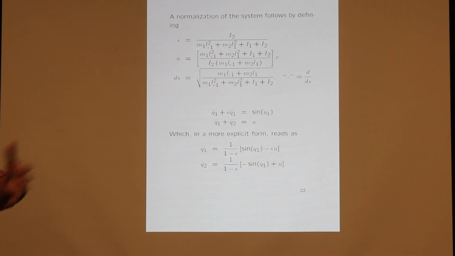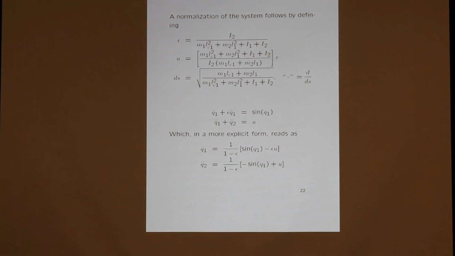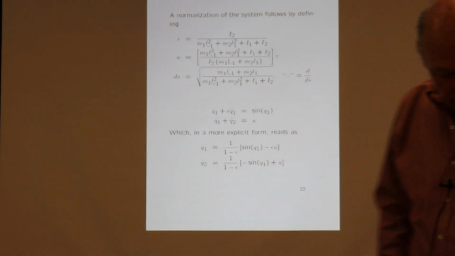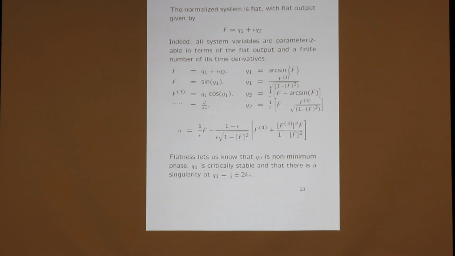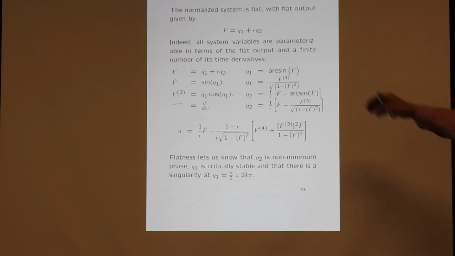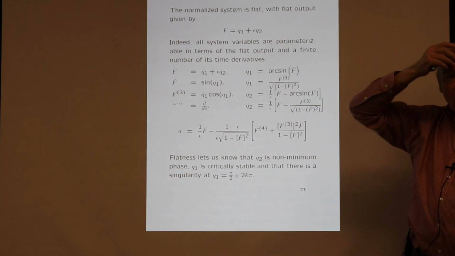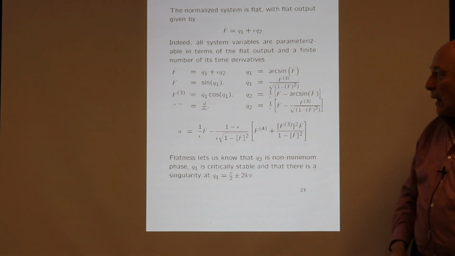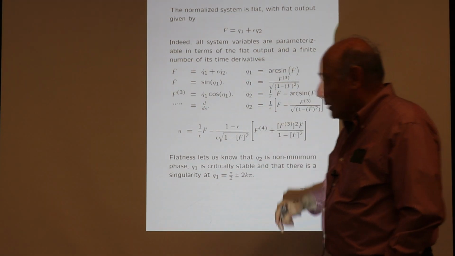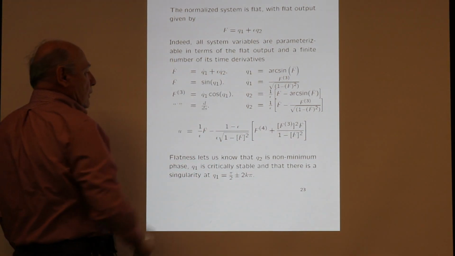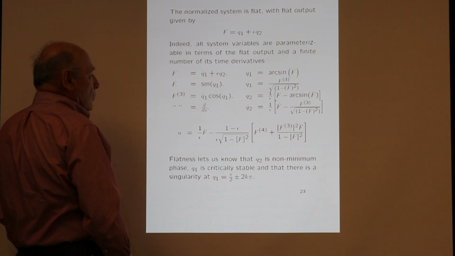So it's some combination of Q1 and Q2. It has to be the center of oscillation. So it's a combination of Q1 and Q2. This is very important. And what you do here is, if you take a linear combination of the two angular motions, you will obtain a flat output because the first derivative of this is just the weighted angular velocity.